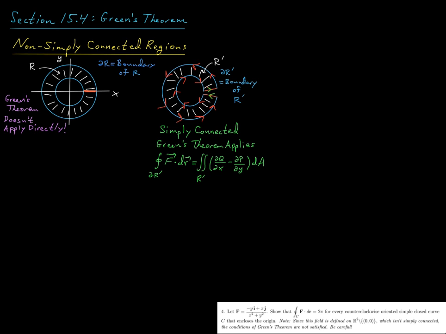So Green's theorem does apply to this region R prime, and so I can say that the line integral along the boundary is equal to this double integral over the region R prime of this quantity, partial q partial x minus partial p partial y. Now notice the orientation here for the boundary of R prime.